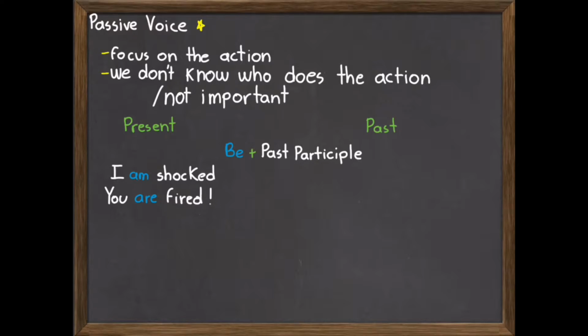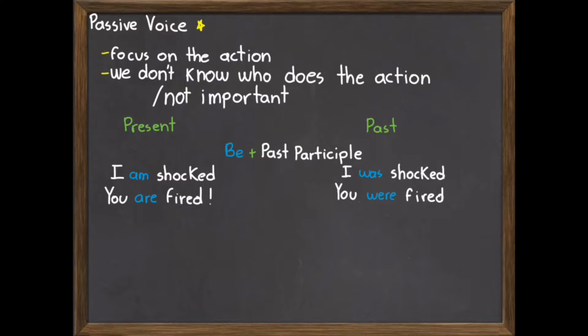In this case, they are both verbs. I am shocked, you are fired. Now, in the past, we would just change the form of the verb to be. For example, in the past, I was shocked, or you were fired.